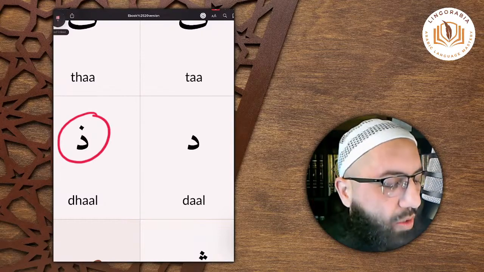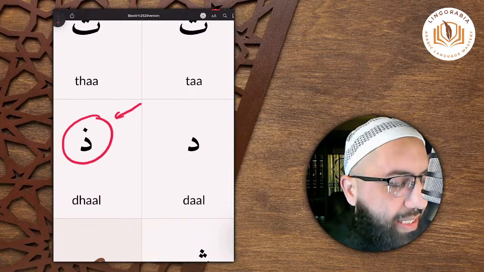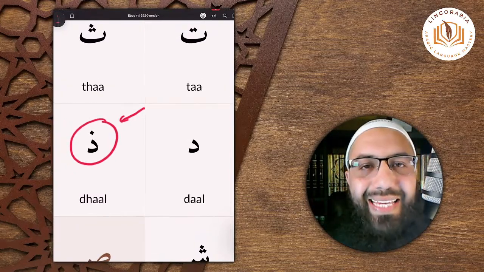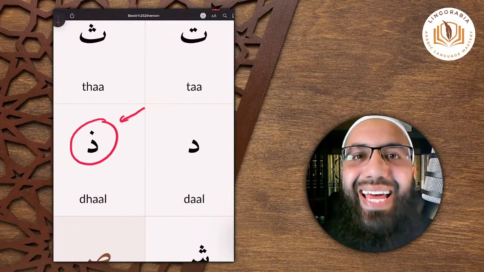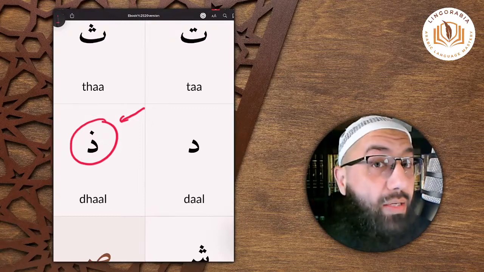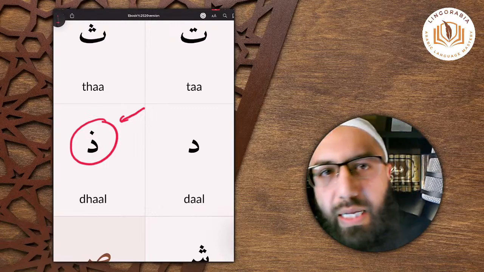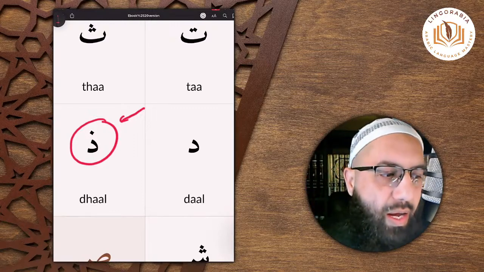Also, brothers and sisters, another mistake that a lot of people make when they pronounce this letter is that they pronounce it as a zay. So they say zal. This is common in some dialects of the Arabic language, and also in some non-Arab countries.